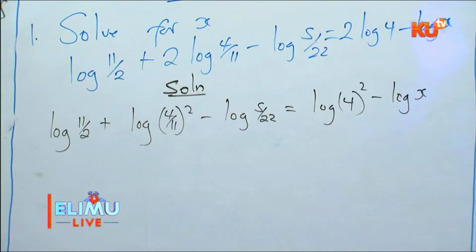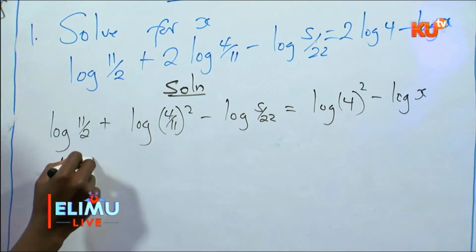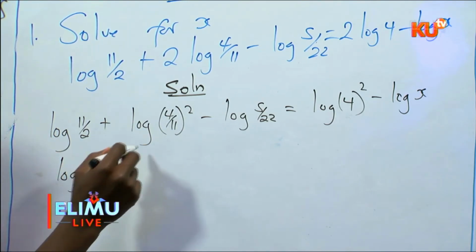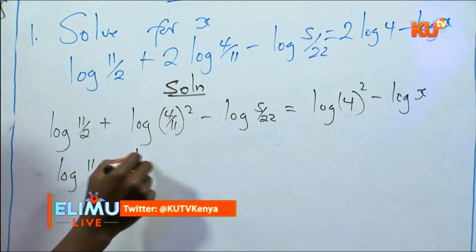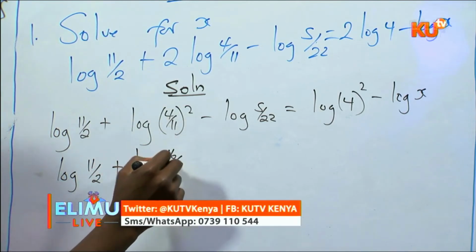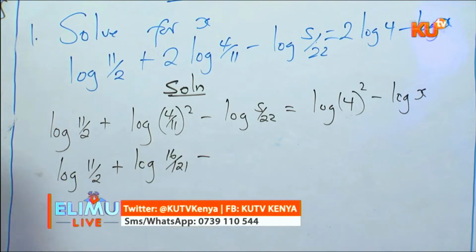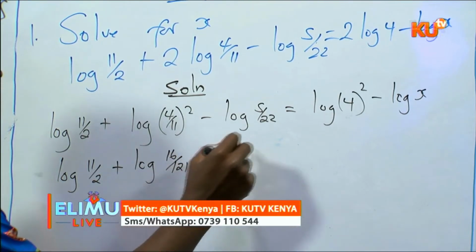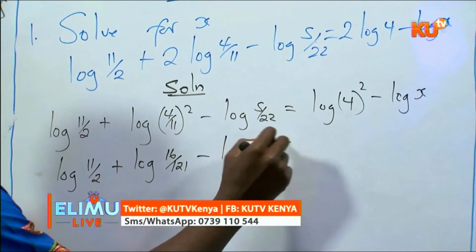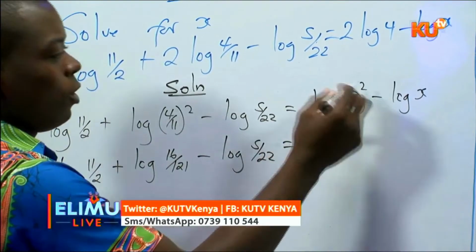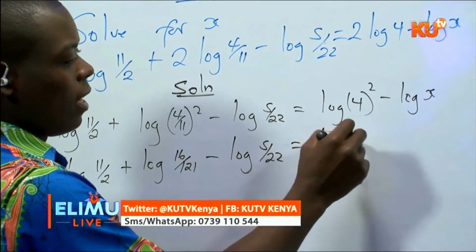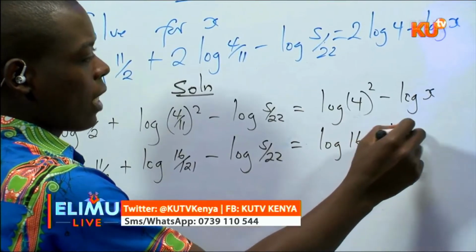So we work out this, we have log 11 over 2 plus, we square this one, so we shall have log 16 over 121. We minus log 5 over 22 should be equal to, now we square this one to have log 16 minus log x.